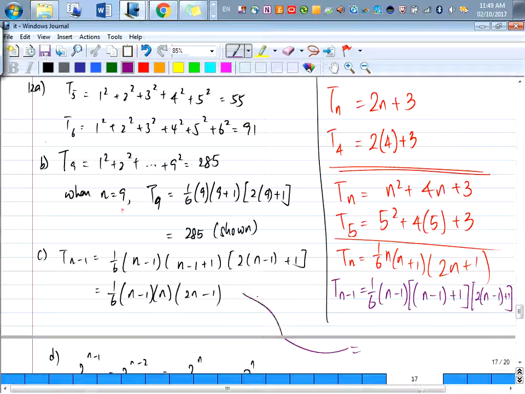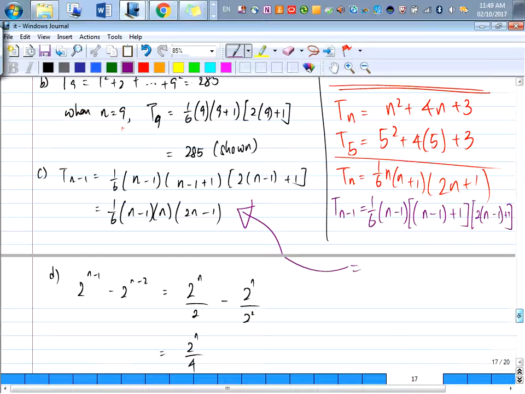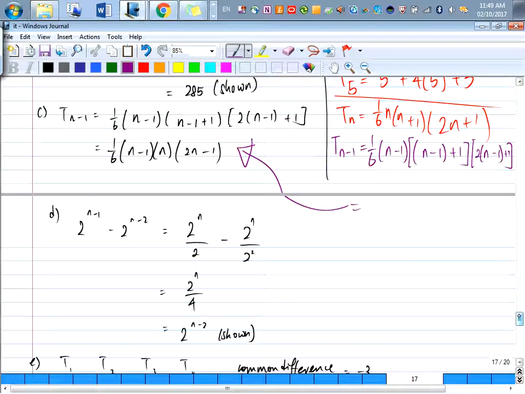Then you will get this. Okay, now D, we have seen something similar in our prelims, I think. Anyway, here is the working.